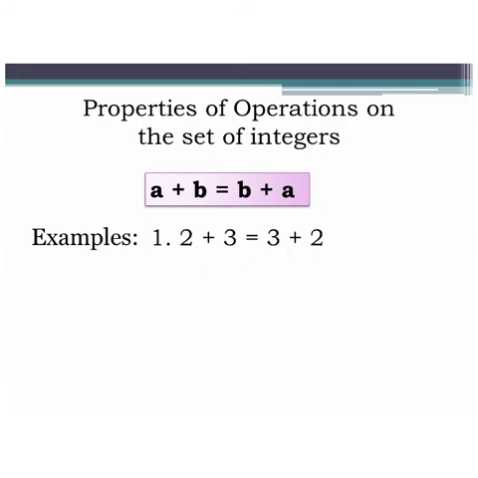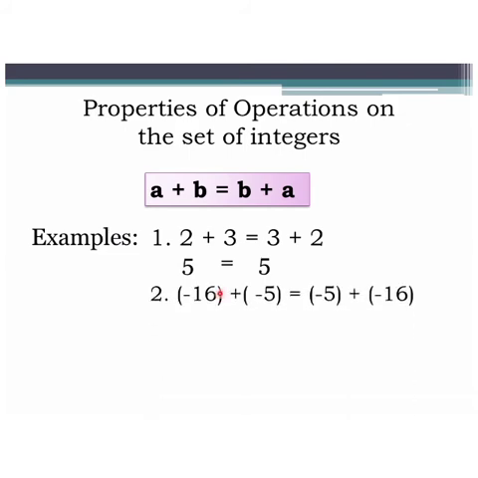Alright? So, if we add 2 plus 3, that is 5. Sa kanan naman, if we add 3 plus 2, that is still equal to 5. So, meaning, both sides are equal. So, even though we change the position or the order of the two numbers, equal pa rin yung value.